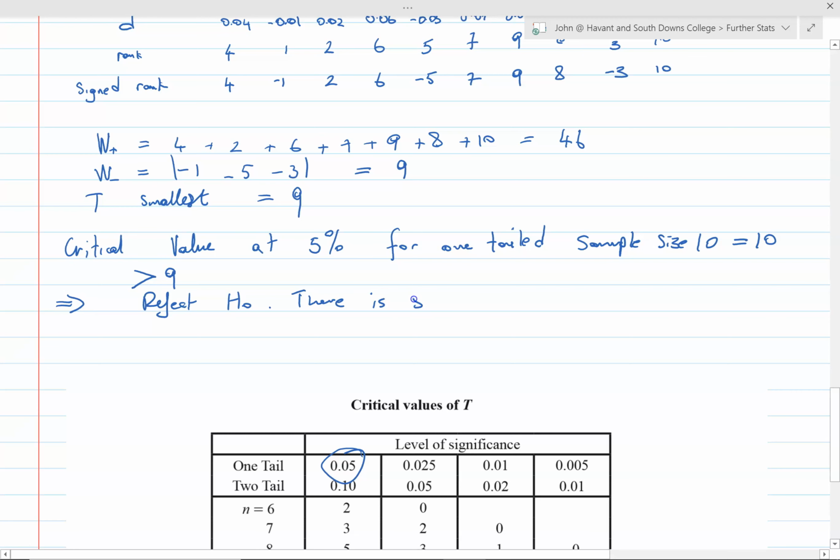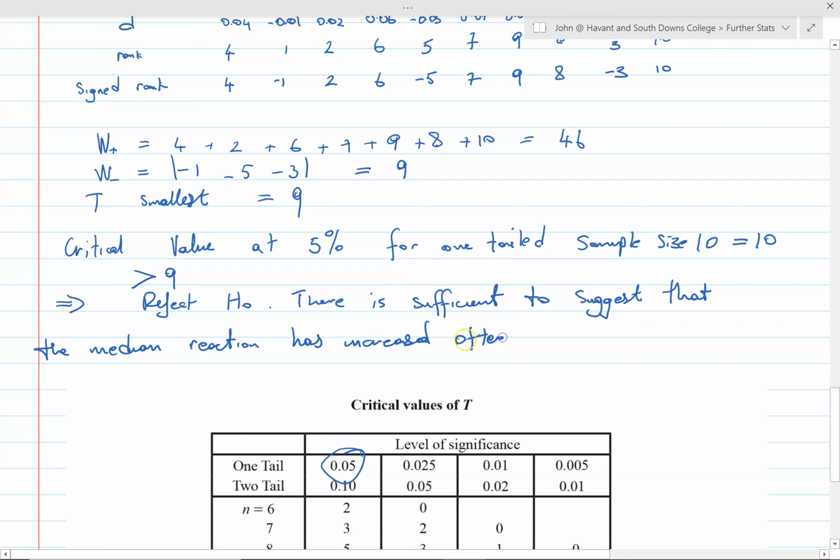So there is sufficient evidence to suggest that the median reaction time has increased after drinking beer. One pint of beer.